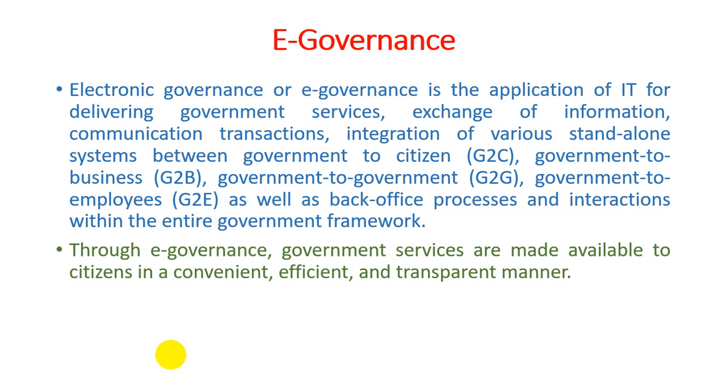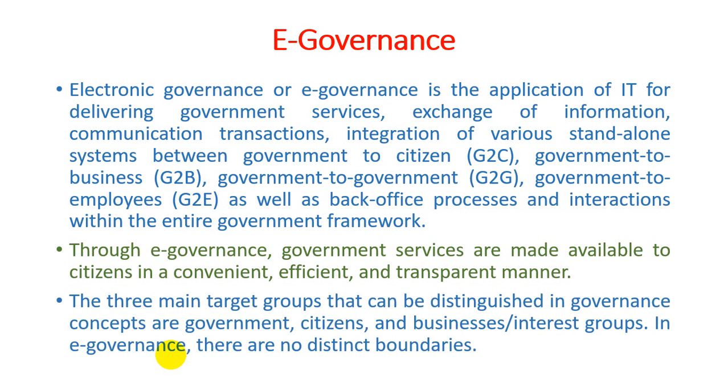It is one kind of card through which you can protect your family up to 5 lakhs in a year. So it is very helpful for all the people of India, and it is really a great service provided by the Indian government. The three main target groups that can be distinguished in a governance concept are government, citizens and business or integrated groups.